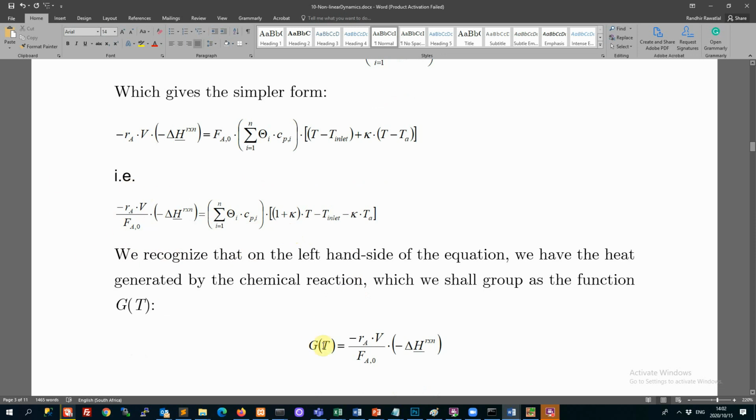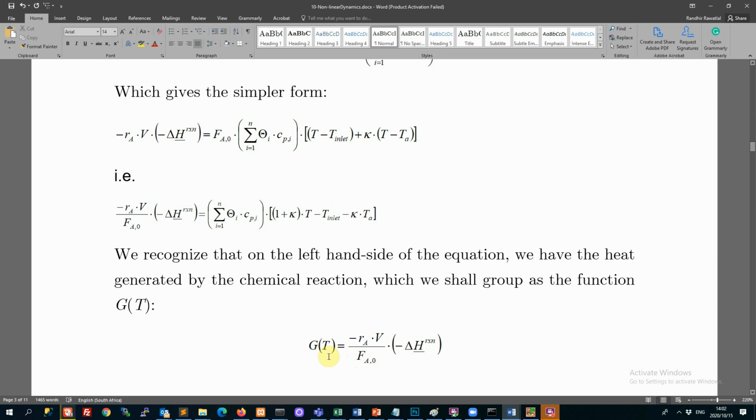So here we are writing G of T, meaning the heat generated by the reaction. So of course, energy is not created or destroyed, it's only converted from one form to the other. And in our case, we've got a kind of chemical potential energy being converted to thermal energy.